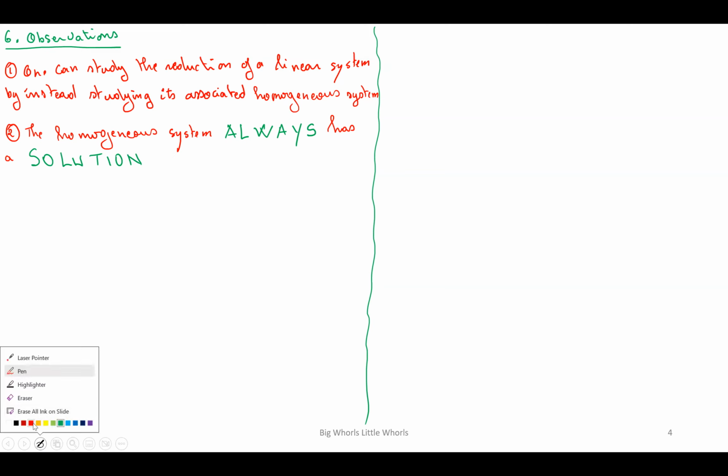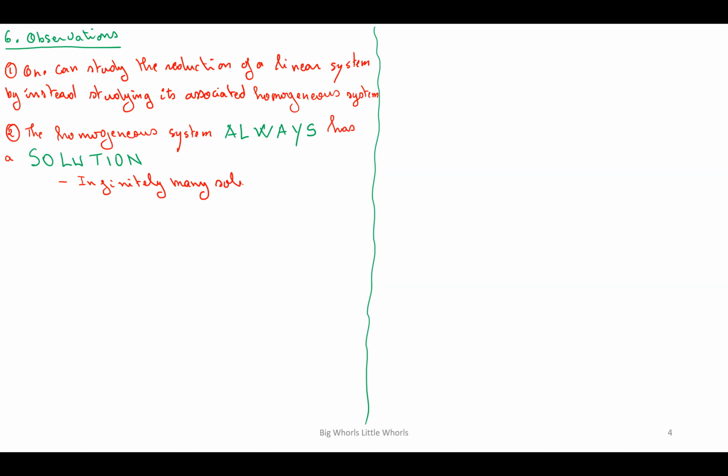The solution can be either infinitely many solutions or a unique solution, but that unique solution is going to be the trivial one. That means the zero vector. Unique solution, which we call the trivial solution. That means the zero vector. Okay.